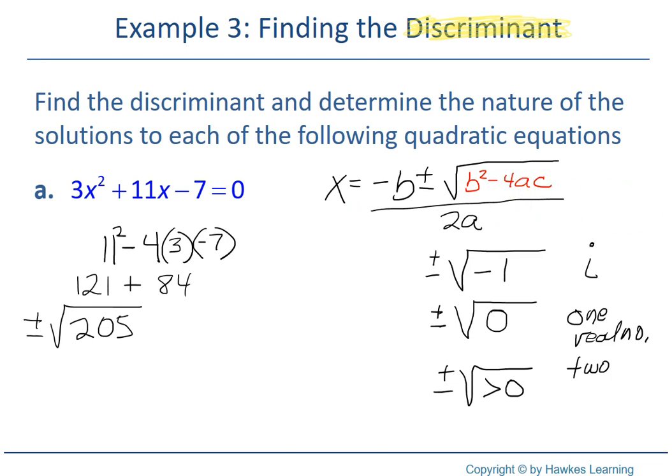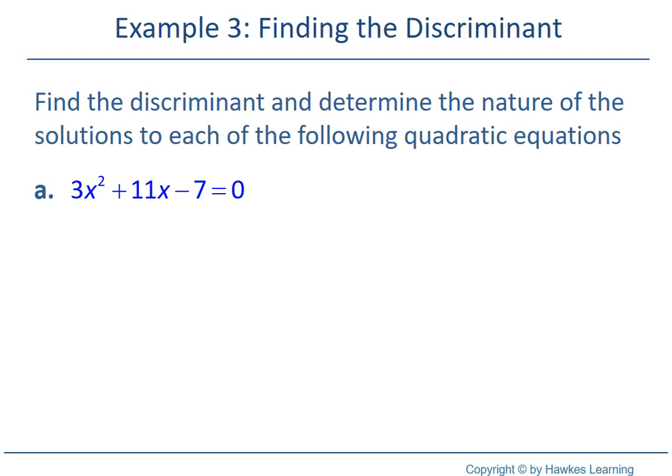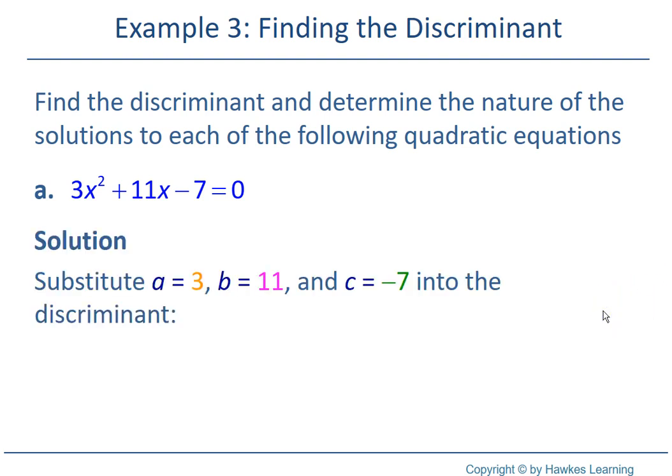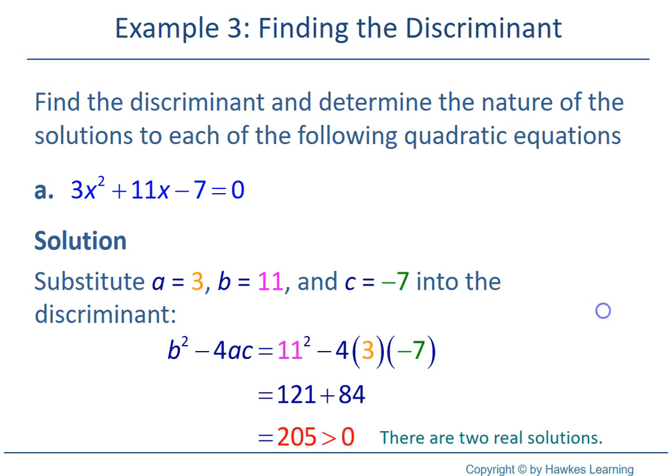All right, well, let's go on and see what they have for us. They've identified the A, B, and C. They substituted, and they get this. So there are 2 real solutions, and we also knew they were going to be irrational, because that's not a perfect square.